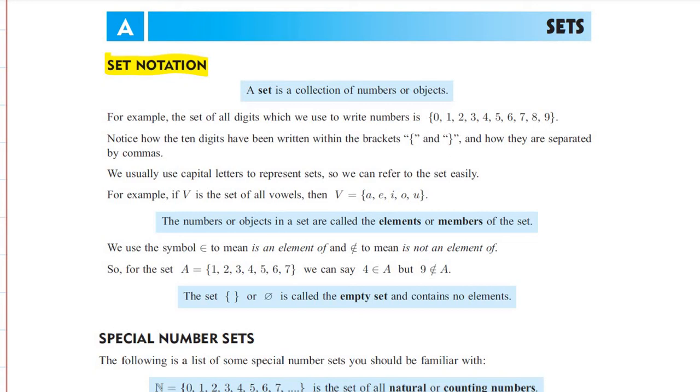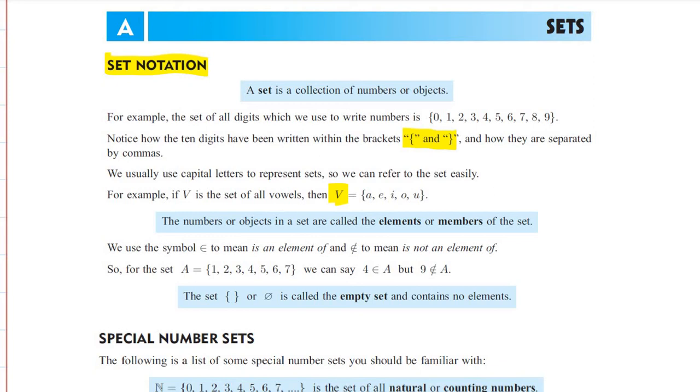When we write sets, we include them in these brackets, and they're separated by commas, and usually the set is given a letter title, usually a capital letter title, and it doesn't have to be, but often it's a capital letter.